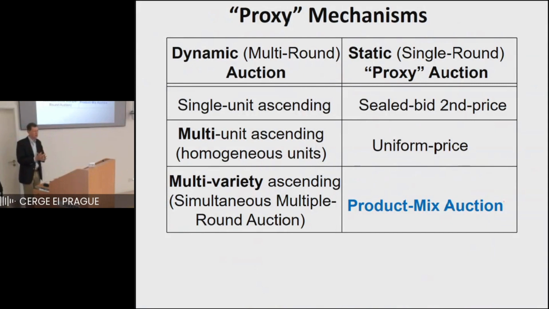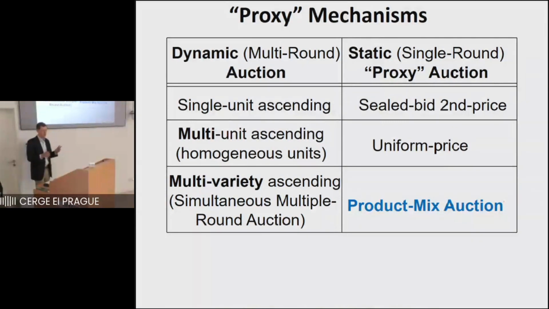So you're probably familiar with the fact that many standard dynamic multi-round auctions can be mimicked by single round auctions, by proxy auctions. So a standard English auction or a single unit ascending auction, under many conditions, will have the same outcome as a sealed bid second price auction.